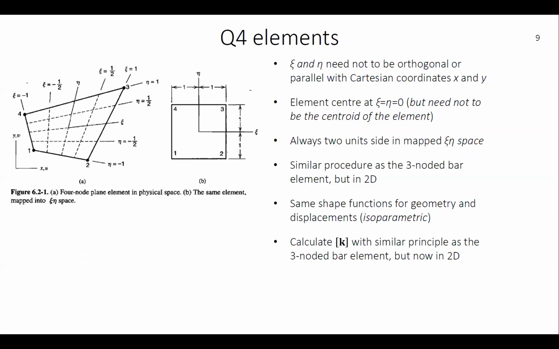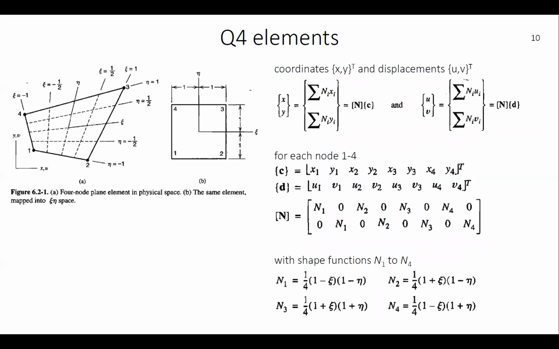And our aim is to calculate the K-matrix using the similar principle as for the 3-noded bar elements. But now we need to consider the 2 dimensions instead of only 1. And we need to write this in a fairly compact way, which also follows the notations in the book.